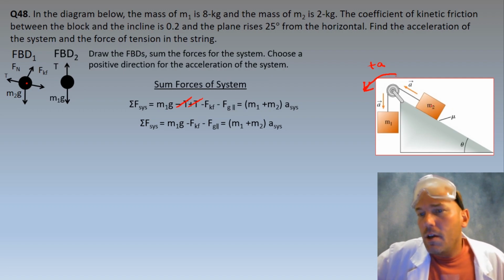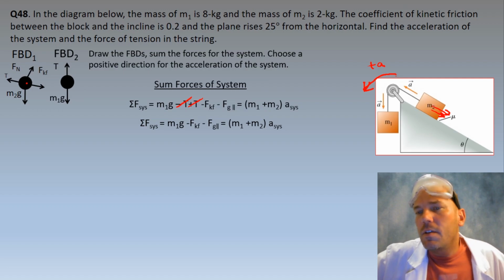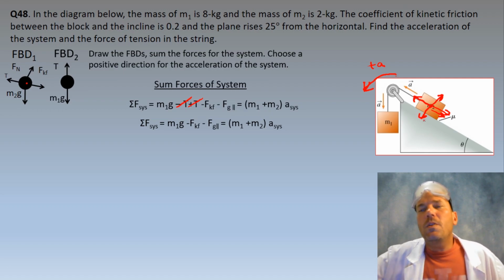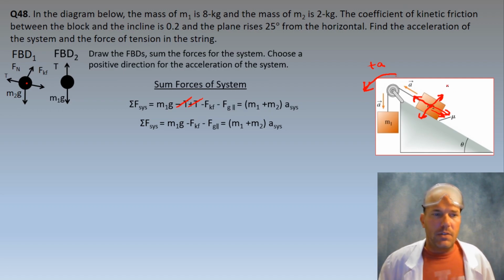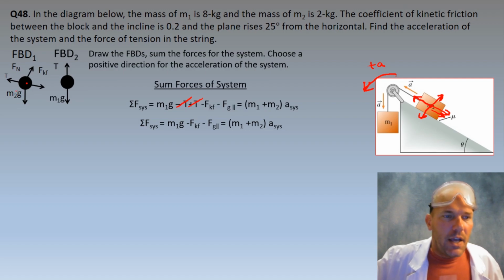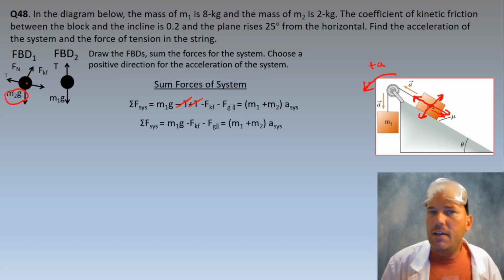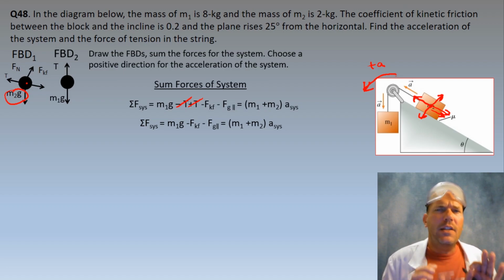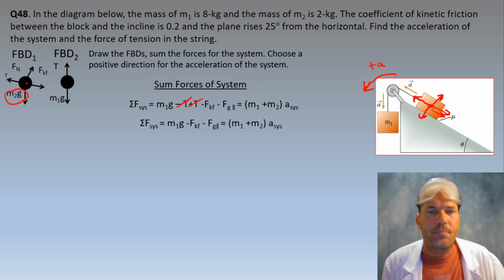So earlier, when I showed the force of friction here, I should have also shown the force of gravity parallel, and this being the force of tension, like so, for the resolved components, okay? I want to make sure you see that. I did not resolve this. If I did resolve it, I'd need to draw another free body diagram. I couldn't and wouldn't simply add them to the existing free body diagram.